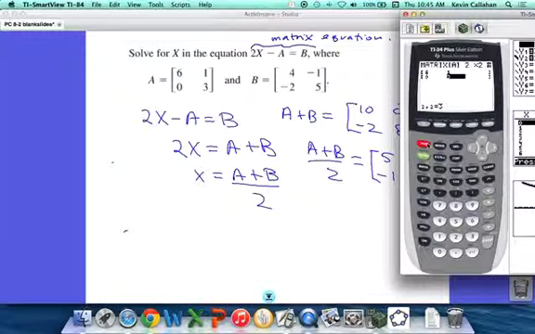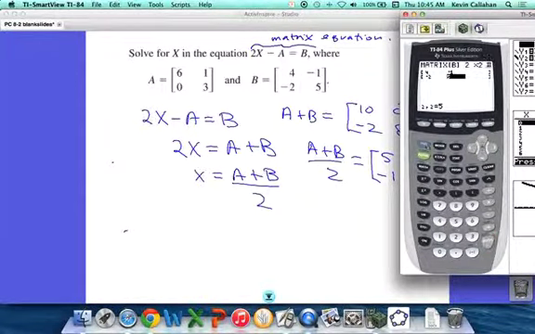Then I go back, second, x to the minus 1, edit, 2. 2 for B is a 2 by 2. 4, negative 1, negative 2, and 5. Does that look good?